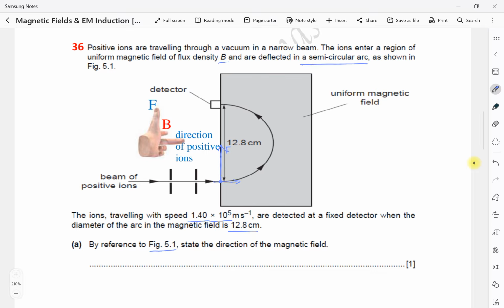With the second finger pointing in the direction of the positive ions just on entry, and the thumb in the direction of the force, that is towards the center of the circular path or upwards just on entry, then the first finger must point into the plane of the page, which therefore means that the field is into the plane of the paper.